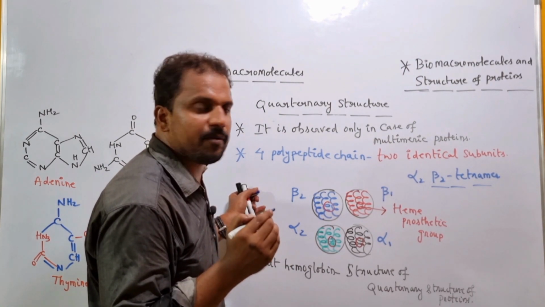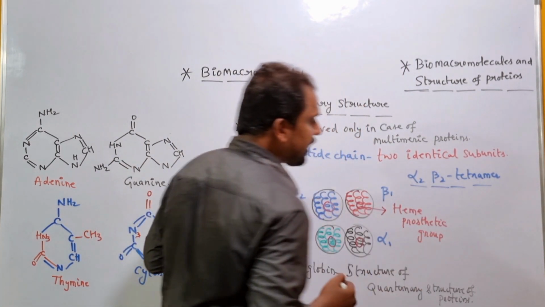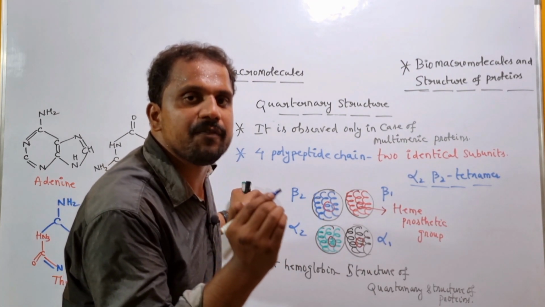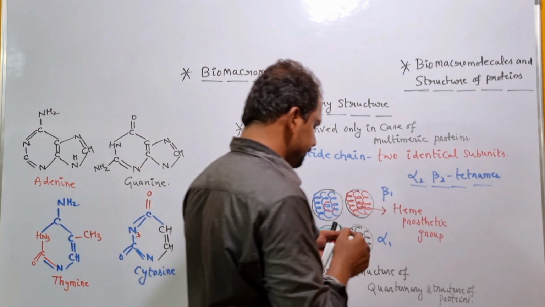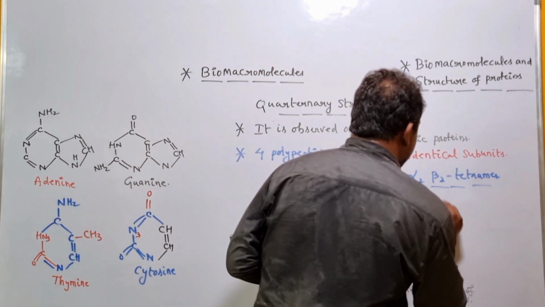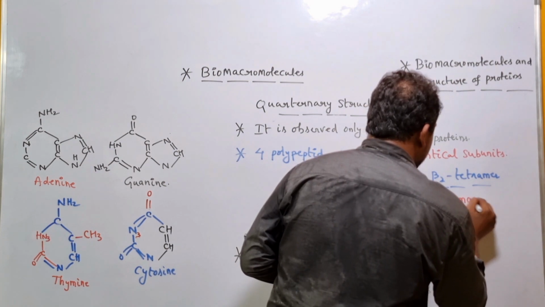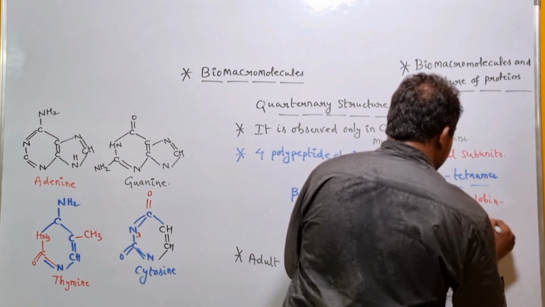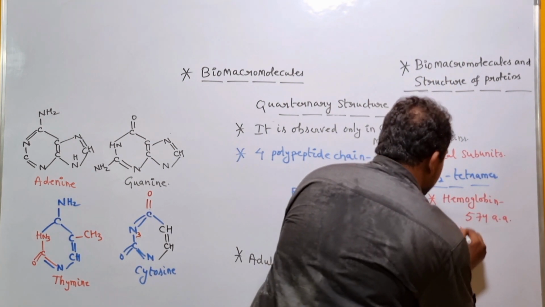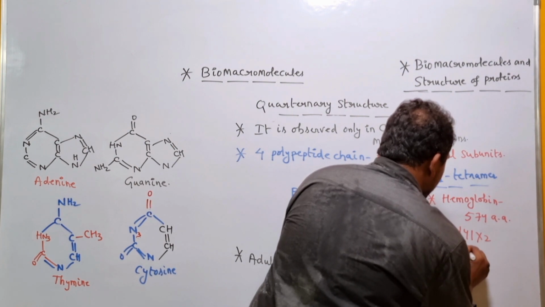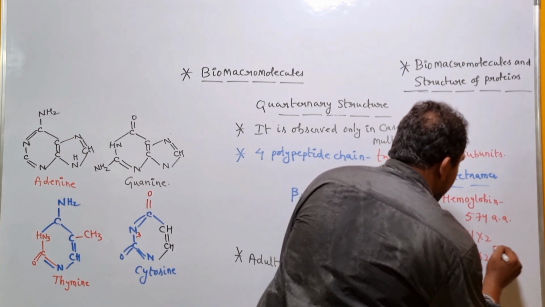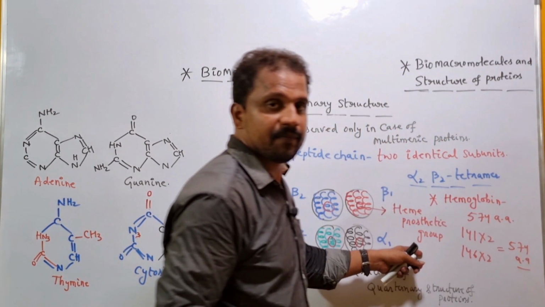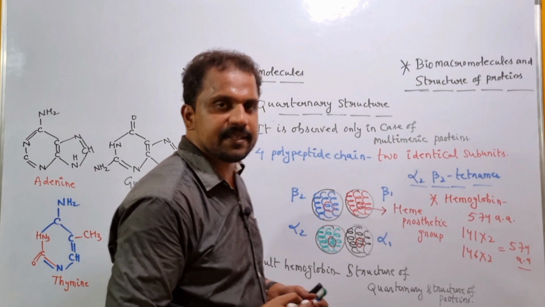Basically the specific hemoglobin contains the alpha 2 beta 2 tetramer, and adult hemoglobin is composed of 574 amino acid residues. So 141 into 2 and 146 into 2. When we add them, we get 574 amino acids. Is it clear? So this is regarding the quaternary structure of protein.